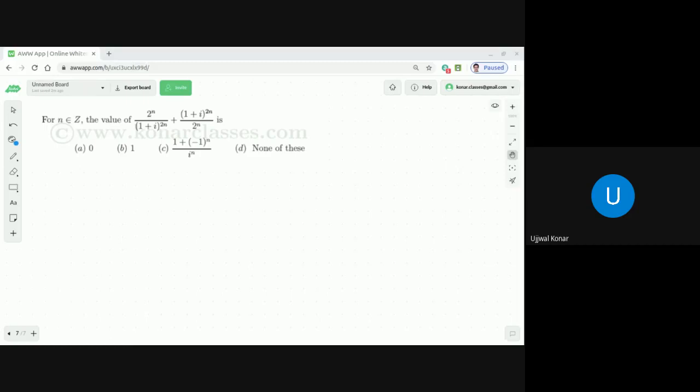So this entire expression, let me write it down. This 1 plus i power 2n is our focus here. So (1 plus i) power 2n, what we can write is (1 plus i) power 2 power n. Let's see what we are going to get out of it. Finally you will get (1 plus i square plus 2i) power n, that is (2i) power n.